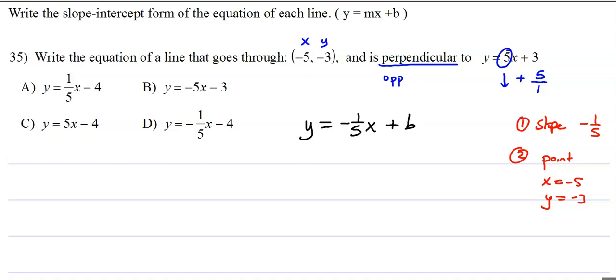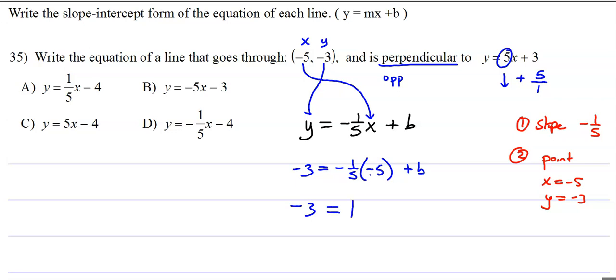Grab these points here. Slap a -5 in there. Slap a -3 in there. -3 equals -1/5 times -5 plus b. Then I get -3 equals, a negative times a negative is positive, and those are reciprocals, so it just comes out to be 1 plus b.